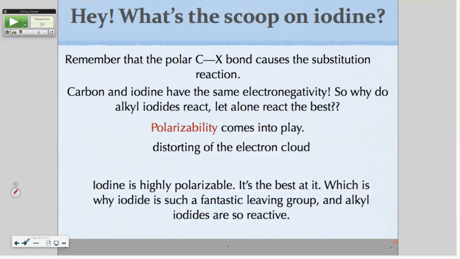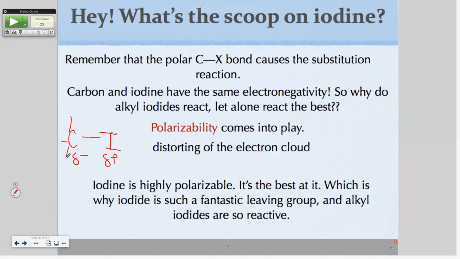So what's the deal with iodine? If you manage to look up iodine's electronegativity value, it's not greater than carbon's. It's less than carbon. In fact, the C-I bond is polarized the other way if you just look at electronegativity.